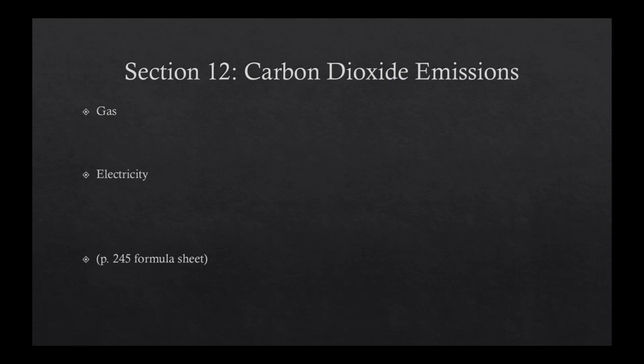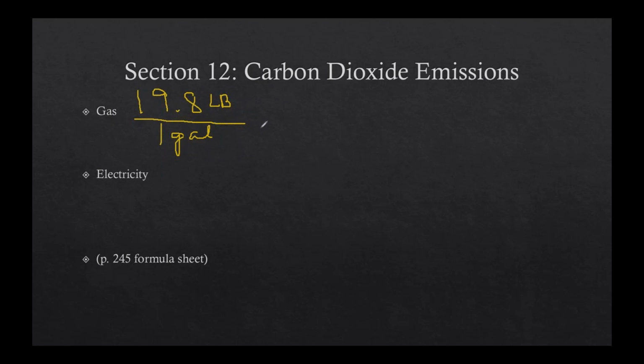It's titled carbon dioxide emissions, and you're going to see CO2 from gasoline is 19.8 pounds to 1 gallon of gas. Now, what that means is that when you drive your vehicle or you run your lawnmower, or anything that uses gasoline, when you burn a gallon of gas, you produce 19.8 pounds of carbon dioxide that is emitted into the atmosphere.